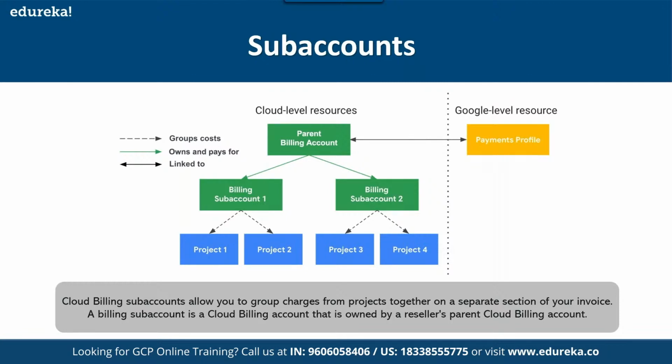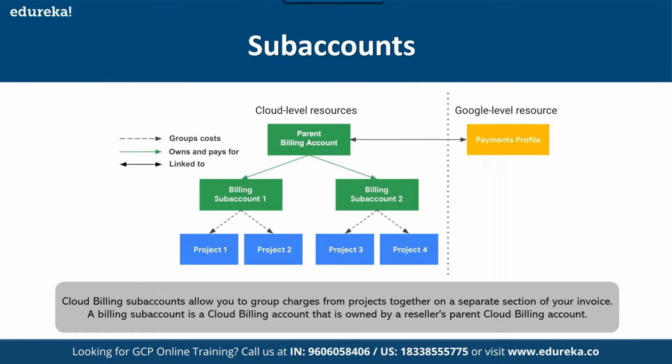So you can have sub accounts created, wherein this is your parent billing account, and you can have a billing sub account one. Let's say this sub account one is for India, this sub account two is for US. So you have the flexibility to see the usage, to see what all people are utilizing the services, and you can do the billing easily.